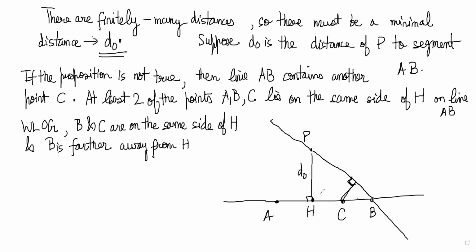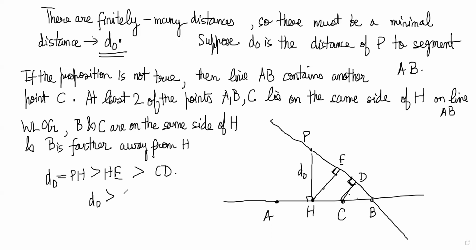And similarly, from H to PB, we can also drop a perpendicular, and these two are parallel. In this right angle triangle, let's call it E and let's call it D, we know that D naught, which is equal to PH, is greater than HE, and HE is greater than CD, right?